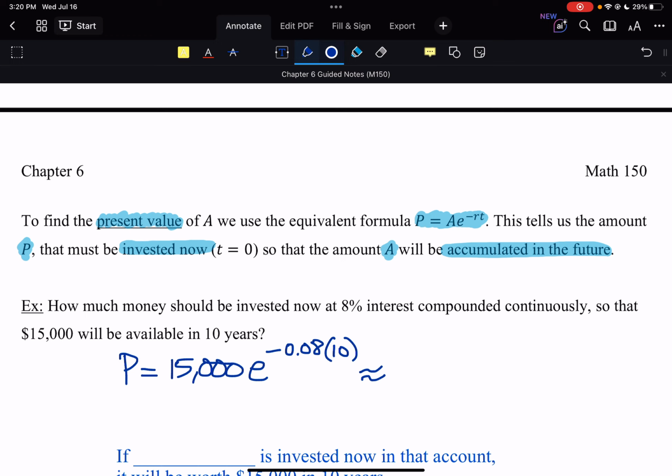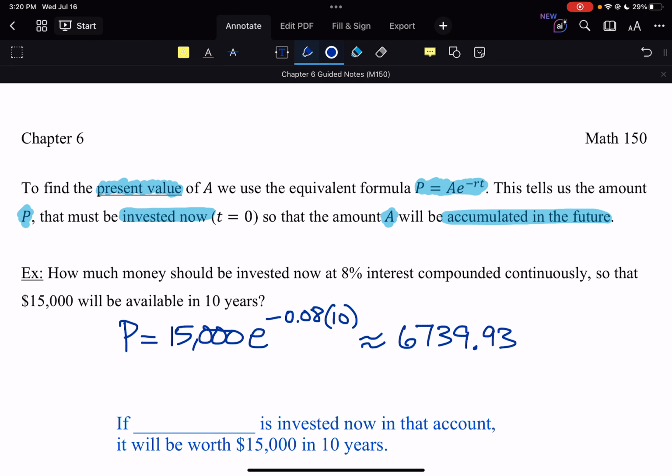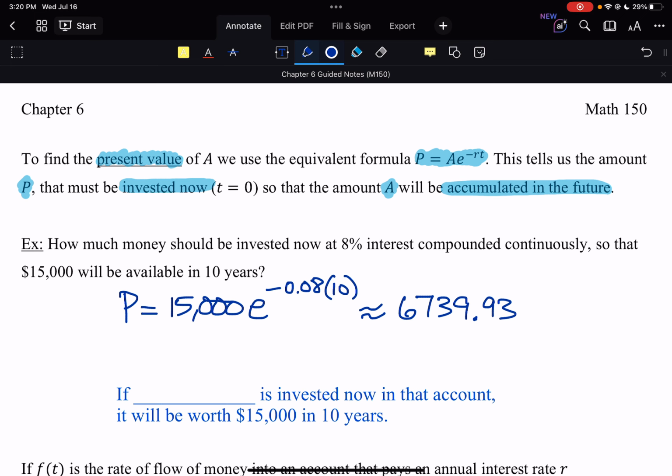And not much more we can do with that except plug it into a calculator. We get $6,739.93. So in words, if $6,739.93 is invested now in that account, it will be worth $15,000 in 10 years.